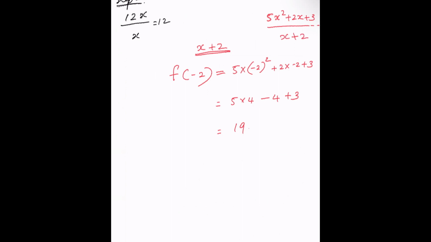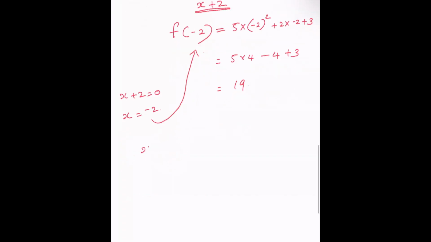Okay. So which value will x take? Take x plus 2 equal to 0. What is the value of x? Minus 2. So f of minus 2 will give me the remainder. If I ask you to find the remainder when one polynomial is divided by another, what you need to do is take the divisor, like in this case x plus 2, equate it to 0, and find the value of x.